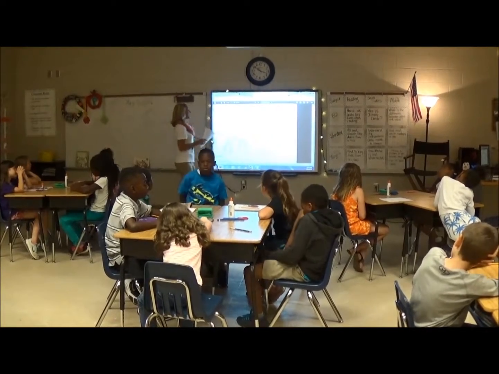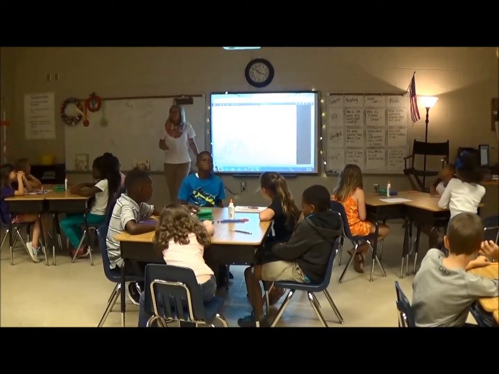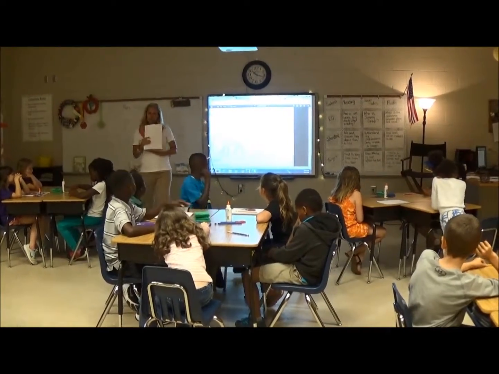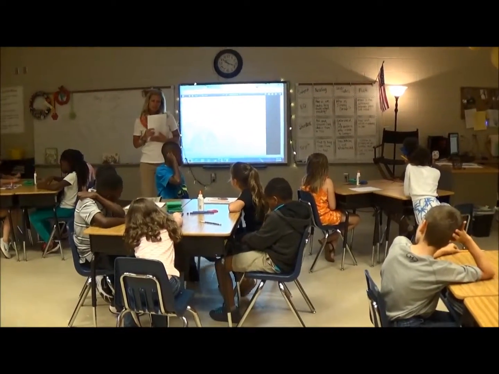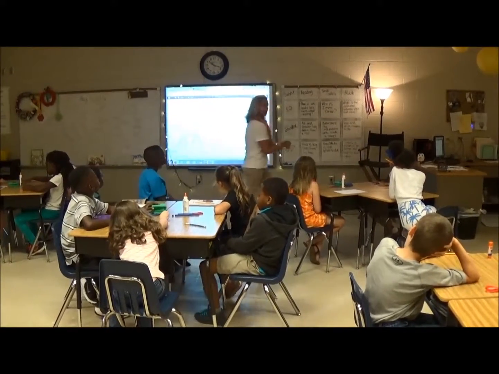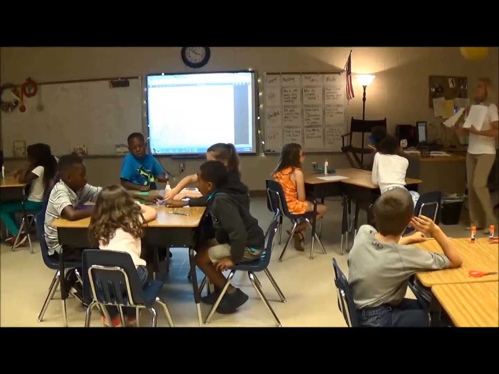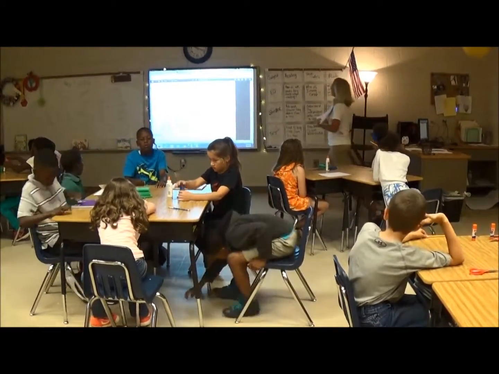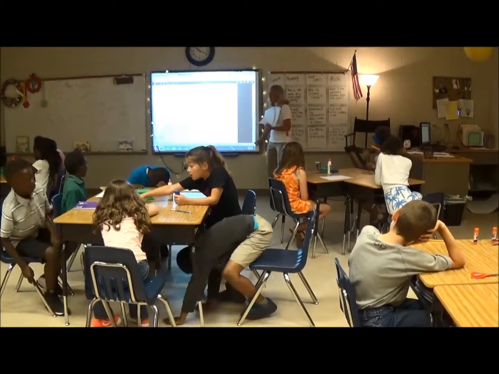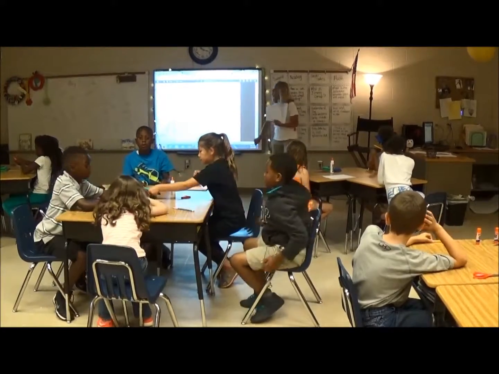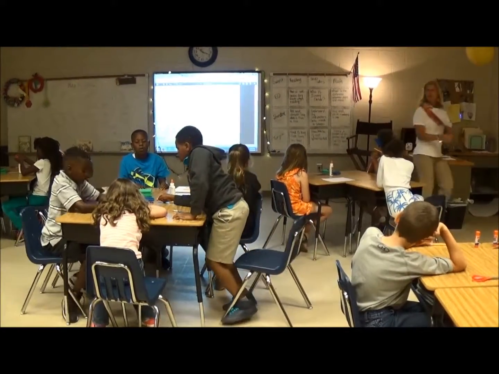There are 2 examples up here. When you complete your animal picture, you have a recording sheet that you're going to fill out about your animal. Gavin? I'm going to show you the recording sheet up here on the board.